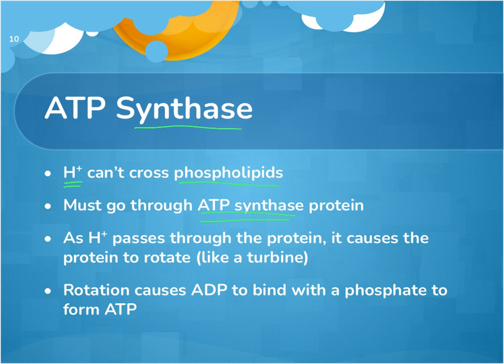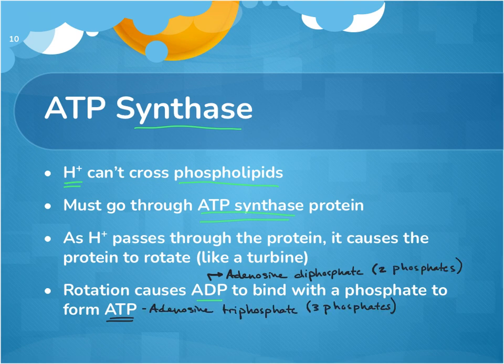And when it rotates, it causes ADP, which is, remember, adenosine diphosphate, to bind with a phosphate molecule. And when the ADP binds with the phosphate, it forms ATP. So now you have a molecule that has 3 phosphates attached to it and is more energetic than the ADP that we had before that only had 2 phosphates.